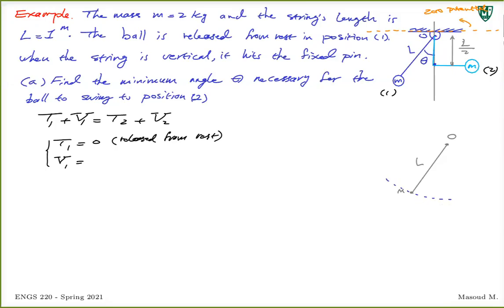Now, this L is this length also, right? It's a thread. It's like following a circular path. So anywhere on this path, the length is L. It's the radius of this circle, assuming that it's a circular motion, at least for this part.